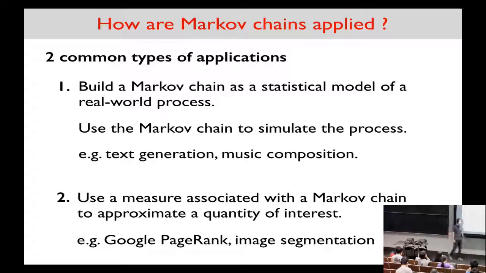Image segmentation also falls into this category. What I'm saying on this slide is probably vague right now because you don't know exactly how these applications work, but now let me show you 3 of them very quickly.